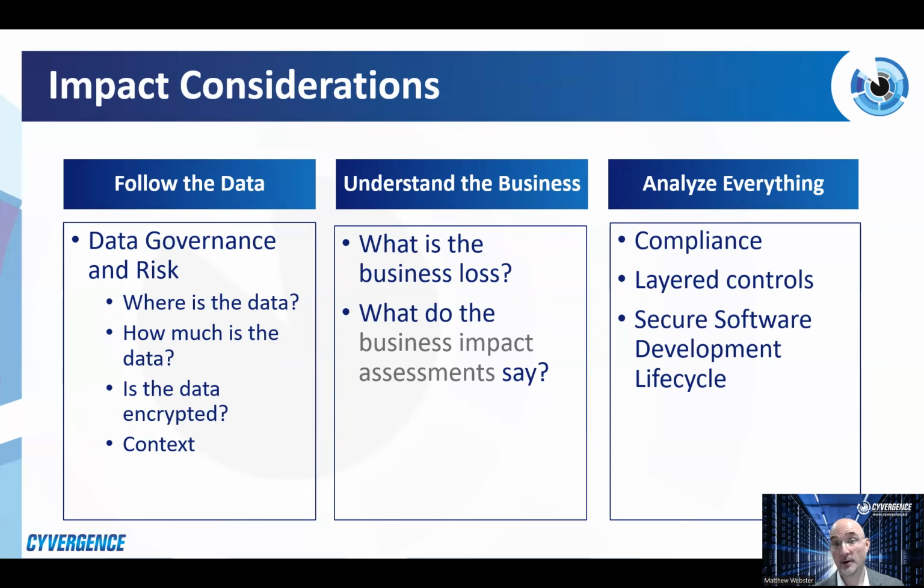Understand the business. What are the losses? Do you have a business impact assessment that's going on within an organization? What does that business impact assessment say? So then you've got analyzing all the other details, all the stuff that we spoke about previously, tie in here, and you can use that to make a better business case to really more appropriately assess what the impact is related to a risk.